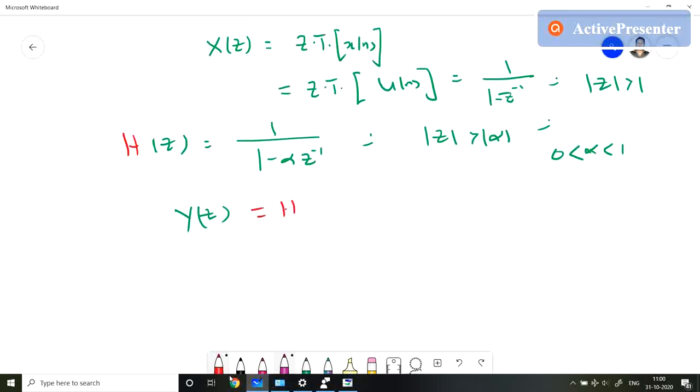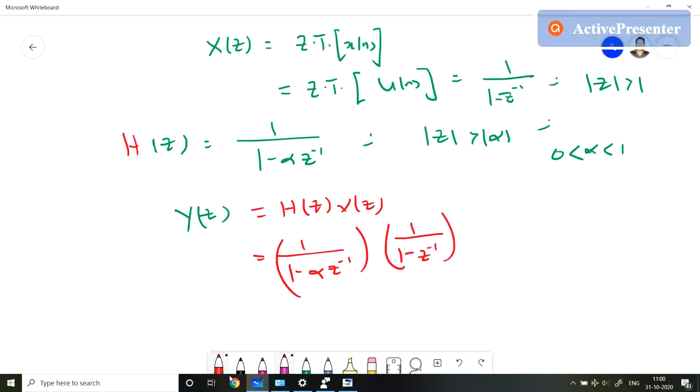So Y(z) is H(z) multiplied by X(z), and that H(z) is 1 divided by 1 minus alpha z inverse, and X(z) is 1 divided by 1 minus z inverse. So what we will get here, we can write it in this form: z squared divided by (z minus 1)(z minus alpha), and further we can find Y(z) by z for the partial fraction analysis purpose.